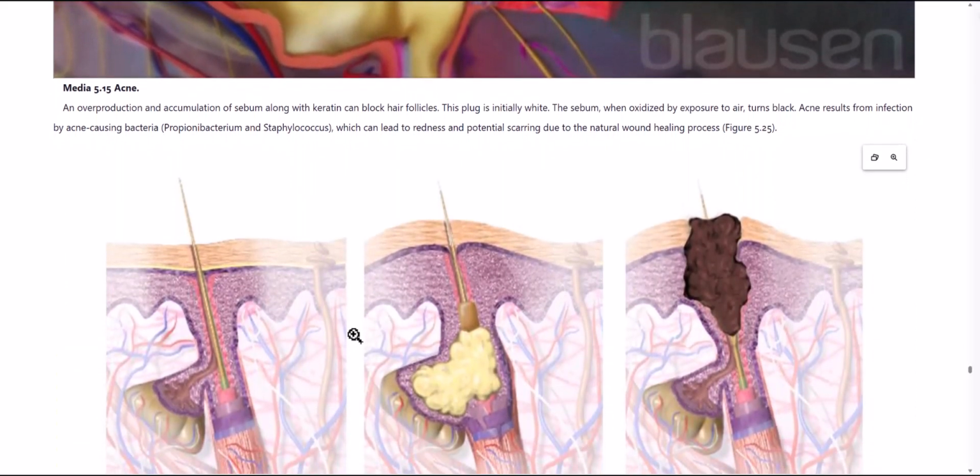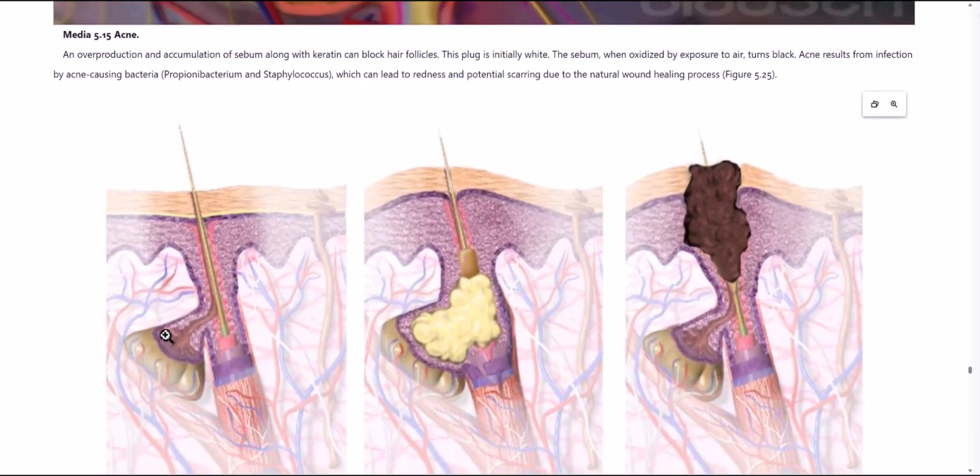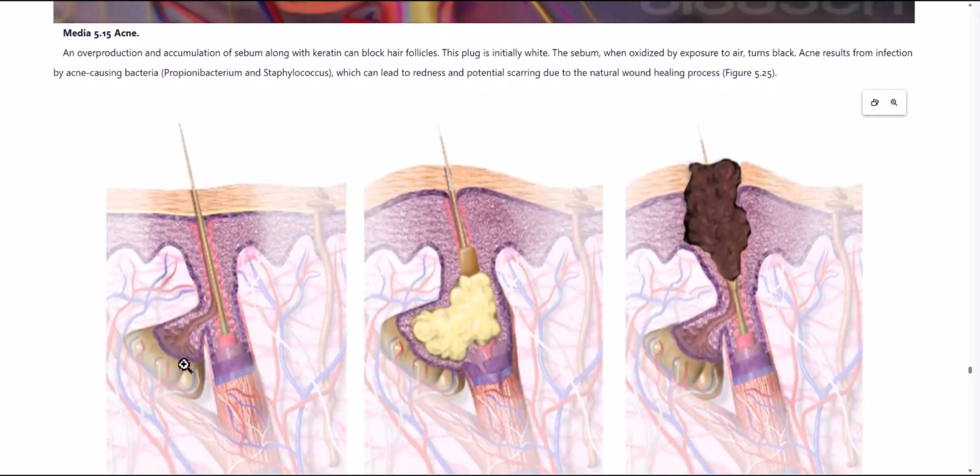And basically, you see it here, here's the sebaceous gland, here's the hair follicle, and in the middle picture, we see that the sebum, remember holocrine secretion, so these are releasing products, and there can be some bacteria down here as well. And if that sebum and that blocked pore and those bacteria are underneath the skin, they stay white, and we call it a whitehead.